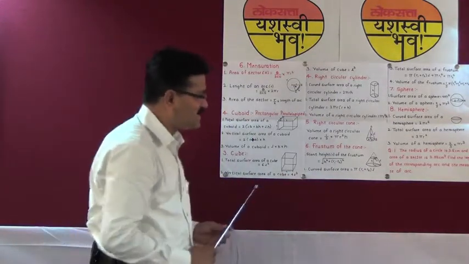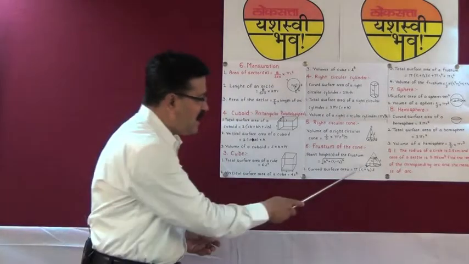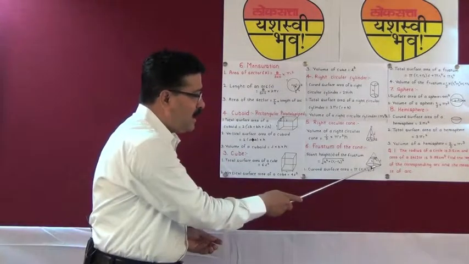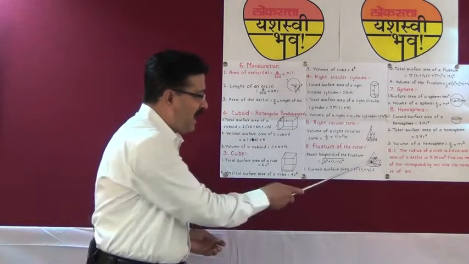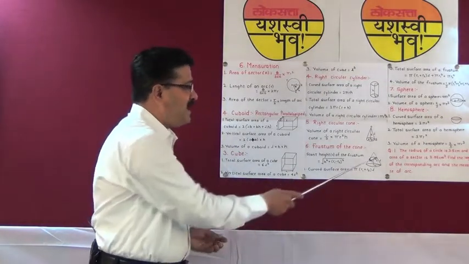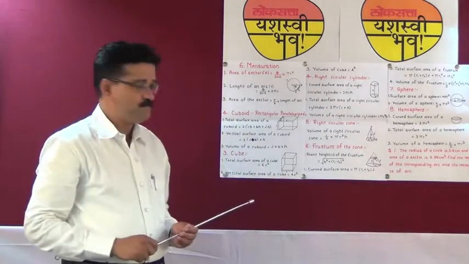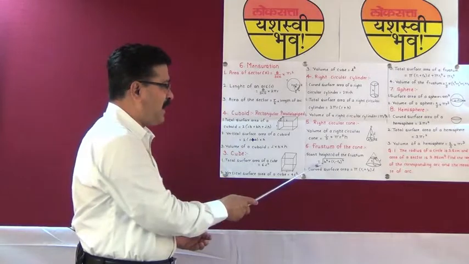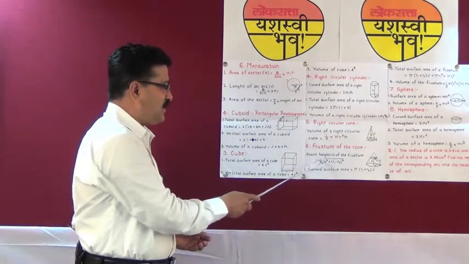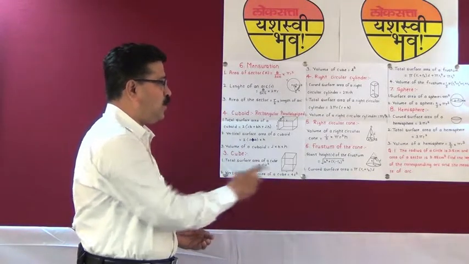Now the frustum has dimensions. See, height h, r1 is the radius of the base, r2 is the radius of the top, and L is the slant height. So the slant height L of the frustum is given by square root of h square plus (r1 minus r2) whole square.